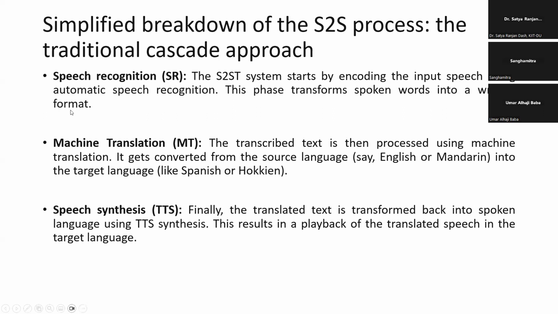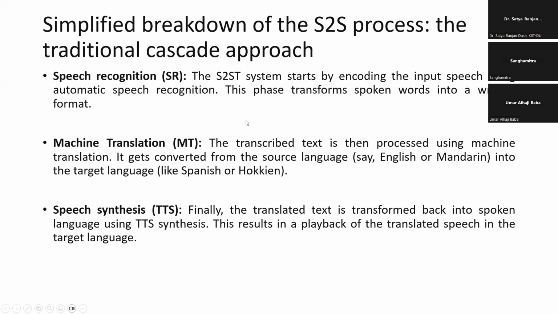For example, identifying the spoken language, because when the input is given, the first thing will be to identify the language of the input speech. Then understanding the speech in the context of the language, so you have to understand the context also, and then transforming the spoken words into written words.